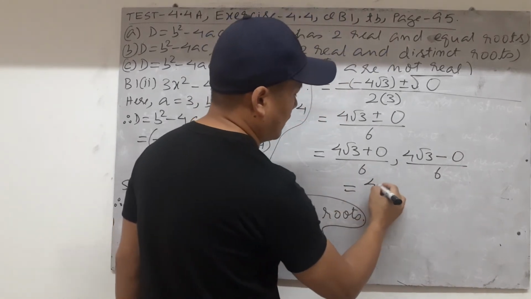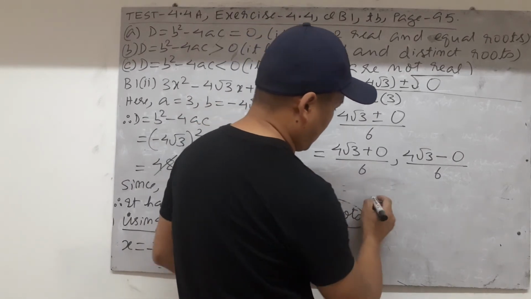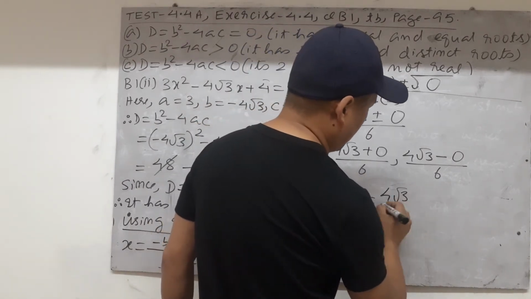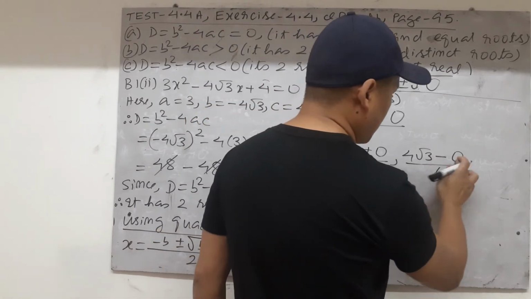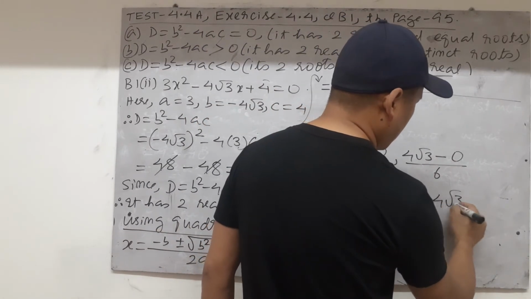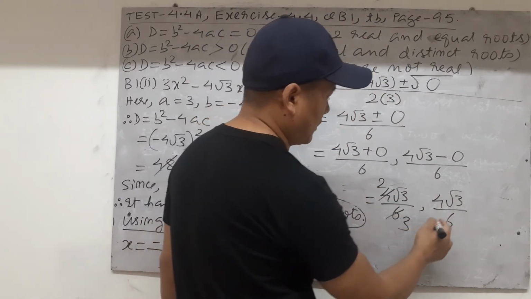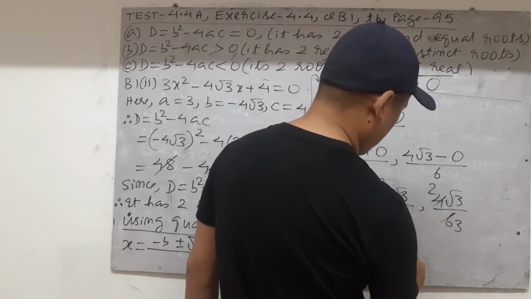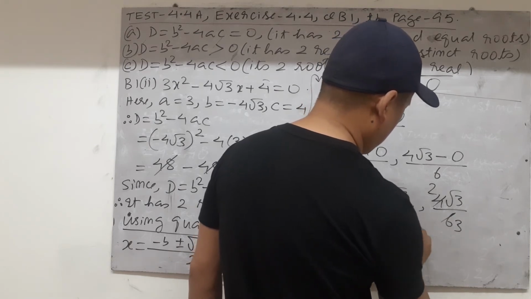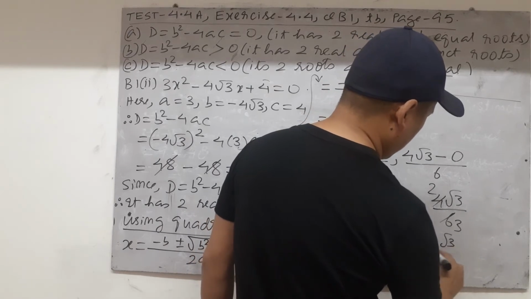So 4 root 3 plus 0 is 4 root 3, and 4 root 3 minus 0 is also 4 root 3, by 6. So 2 twos are 4, 2 threes are 6, and we're getting 2 root 3 by 3, comma, 2 root 3 by 3.